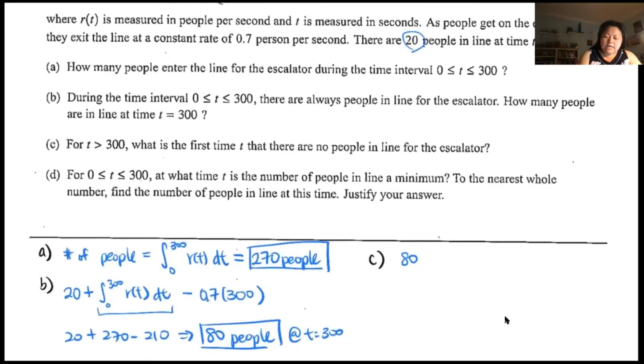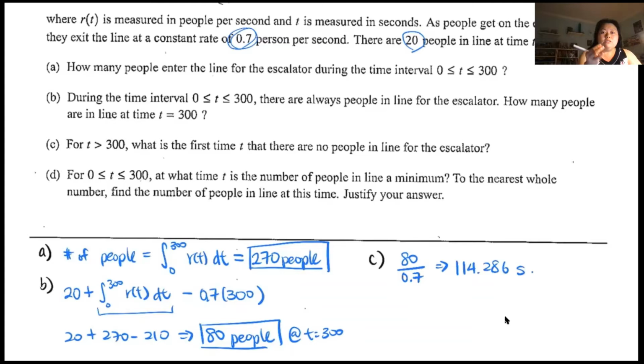So you just need to take the 80 people divided by 0.7 people per second, which gives me about 114.286 seconds. So after 300 seconds, you need another 114 seconds to get rid of the remaining 80 people.